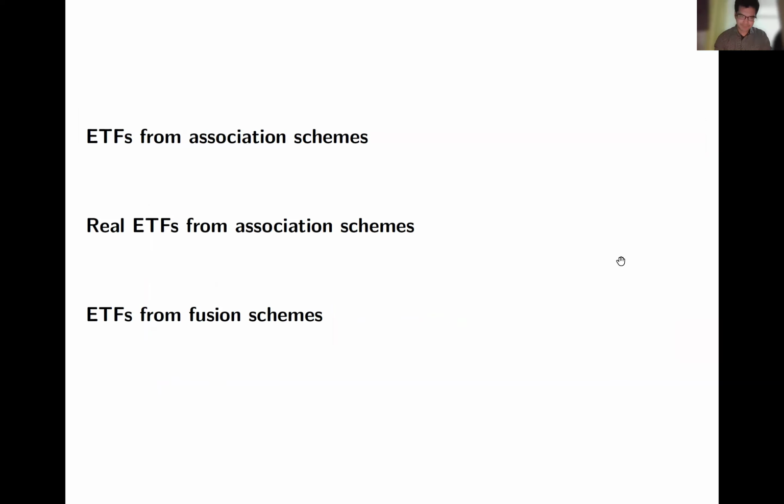So for the flow, we start with what are ETFs, we motivate them, and then what are the gram matrices of ETFs, and how we can obtain these from association schemes. Next, we'll focus on the real case, how we can find real equiangular tight frames or their gram matrices, and the association schemes which can produce these objects.